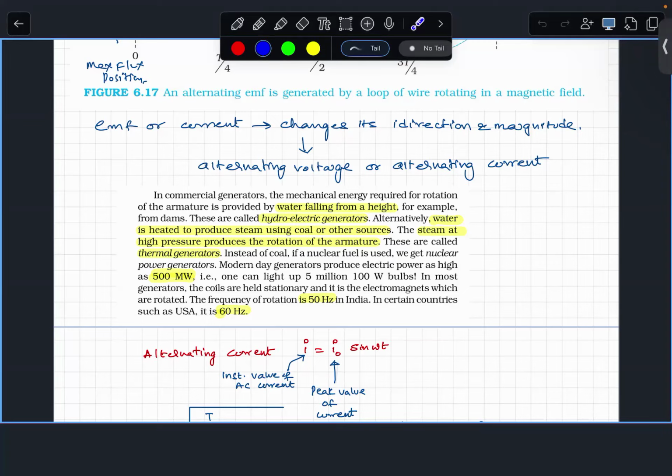Even in our house, what we have is inverters, with an electronic motherboard. It will convert AC to DC, called rectification, and hence it charges the battery. It's a huge battery, whether you notice it or not, in your inverter. And that huge battery gets charged while current passes through.